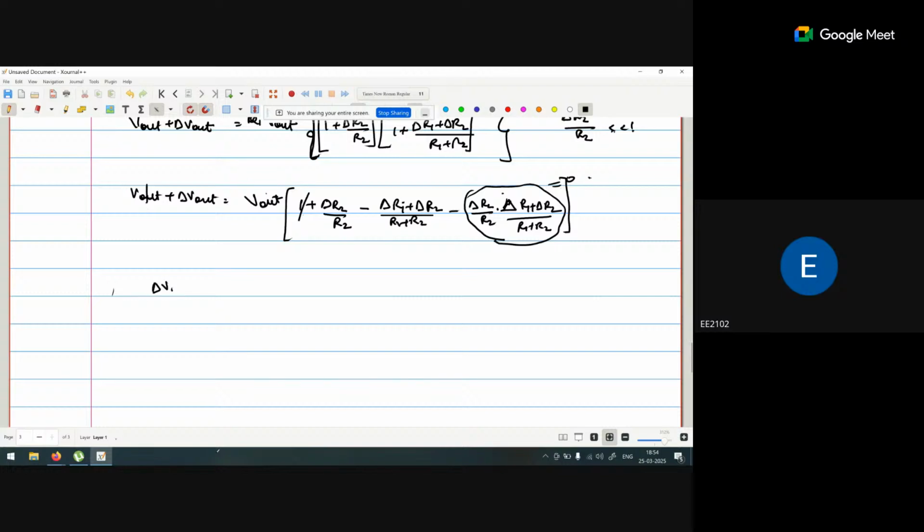So it becomes delta V out upon V out is equal to delta R2 upon R2 minus (delta R1 plus delta R2) upon (R1 plus R2).